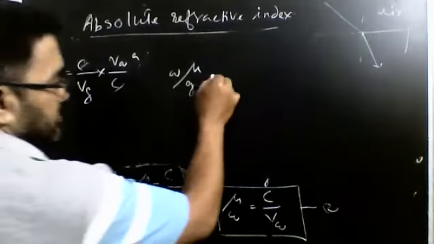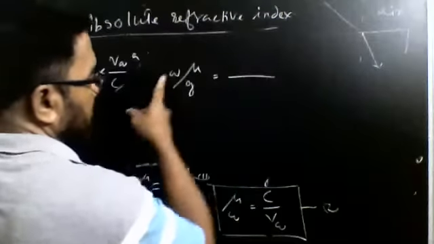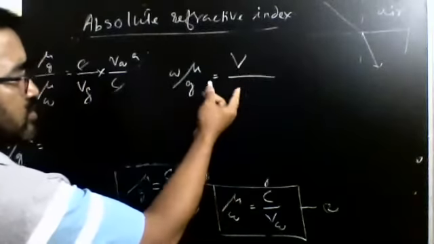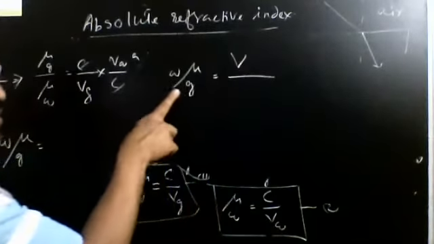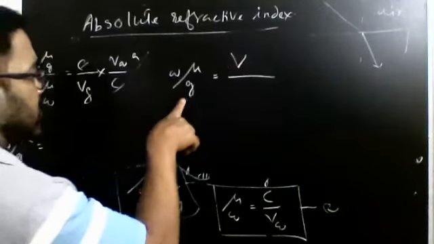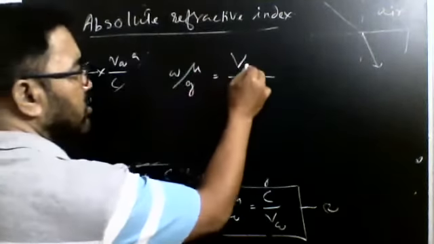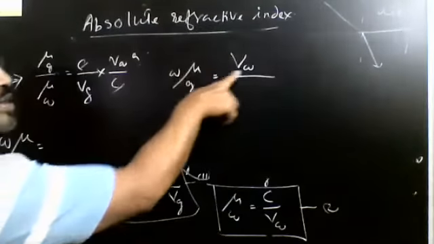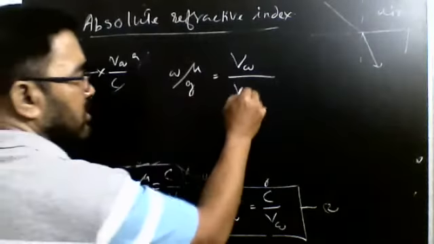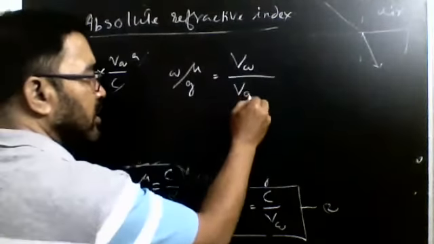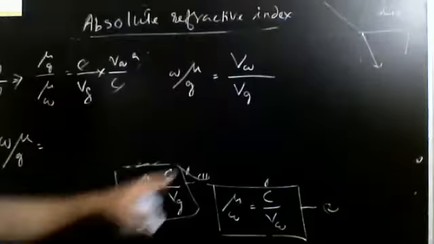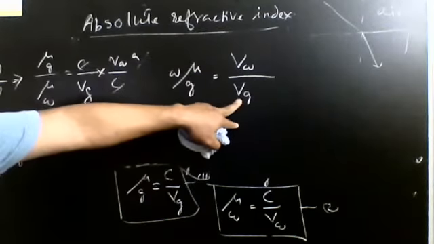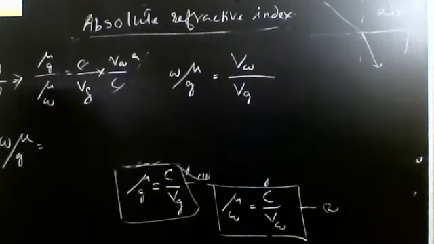So from this relation, from the velocity relation to the absolute refractive index relation, from that relation, the velocity of light in the first medium. What is the first medium? First medium is water, divided by the velocity of light in glass. This is the velocity of light in glass. Okay.